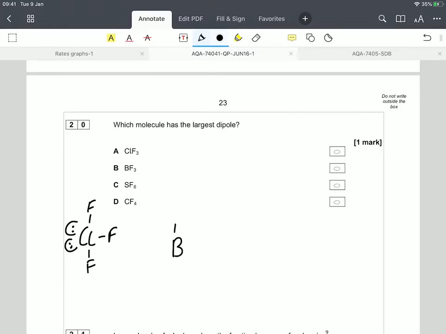BF3 just looks like that, so that's got no lone pairs and it's completely symmetrical. SF6, this is your classic example of an octahedral molecule, also has no lone pairs and is completely symmetrical.